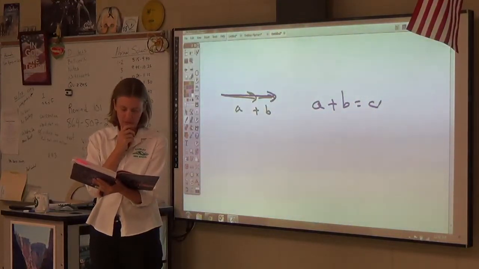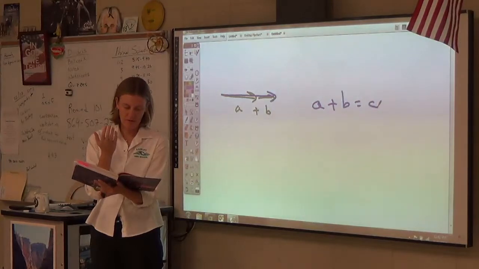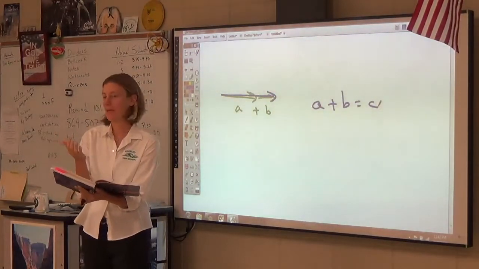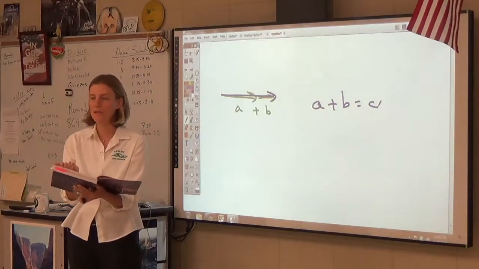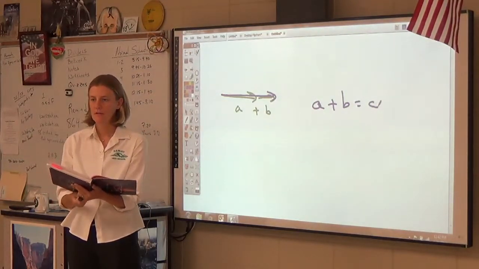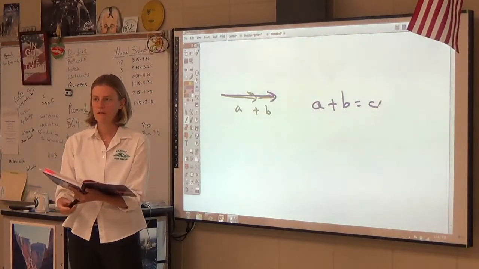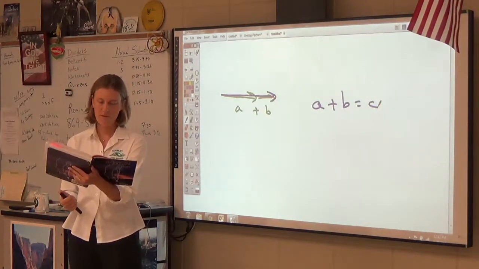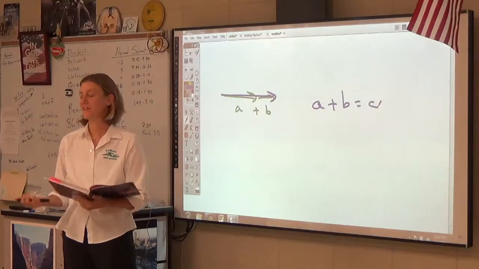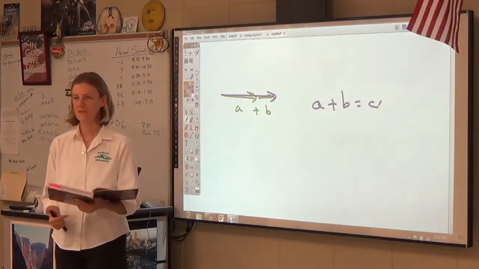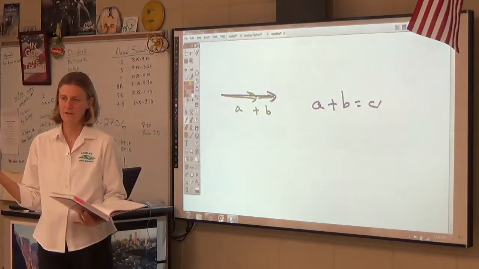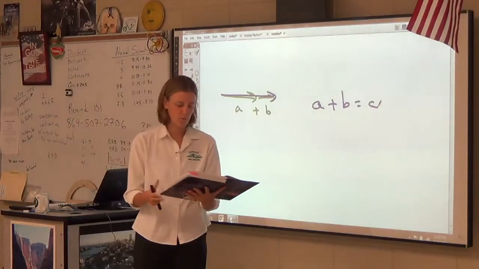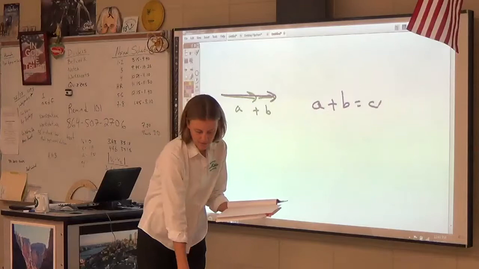If A plus B equals something, it can't be that A minus B equals the same thing unless what is simply true of B? If it doesn't exist, if it's 0. If vector B is nothing, but then of course why would you call it vector B if it's 0? So the only way that would work out is if B was nothing.